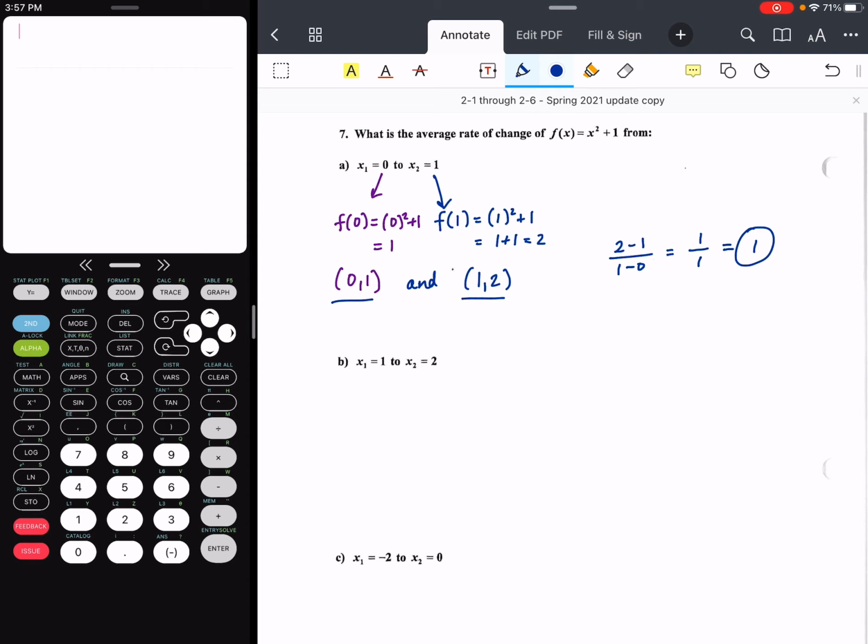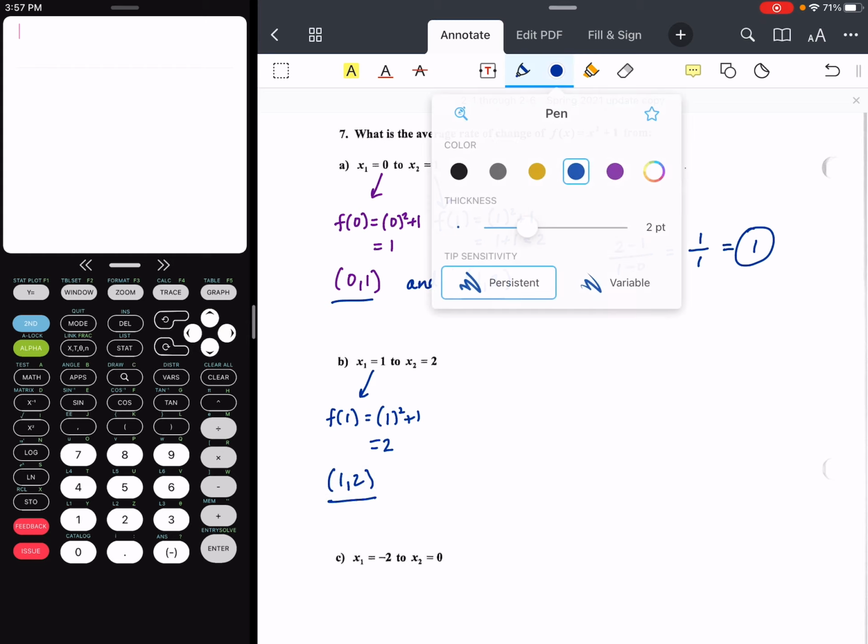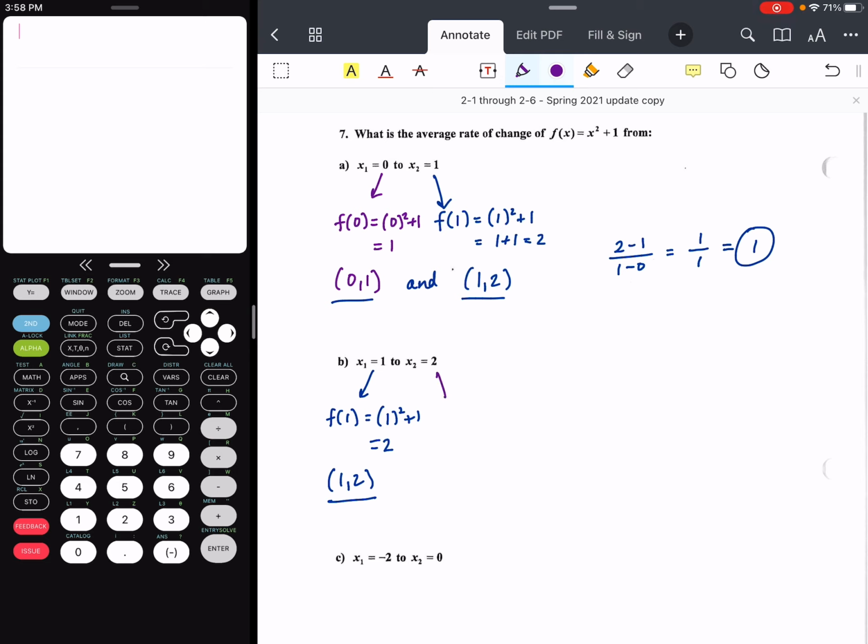For b, using the same function, if my x value equals 1, if I evaluate f of 1, this would be 1 squared plus 1, which gives me 2. So I have the ordered pair 1, 2. If x equals 2, f of 2 equals 2 squared plus 1, which is 4, plus 1, which is 5. So I have the ordered pair 2, 5.